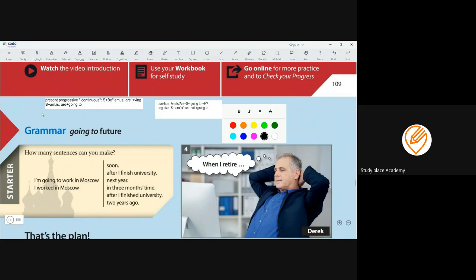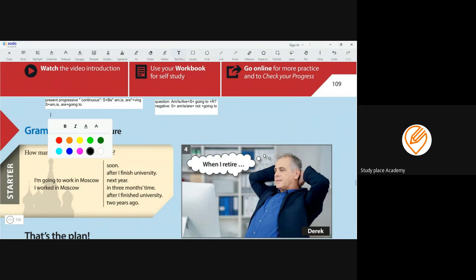So for example, as we said, we have a sentence: I am going to see you. This is our sentence. If I'm going to make a question, I will switch. So, am I going to see you?